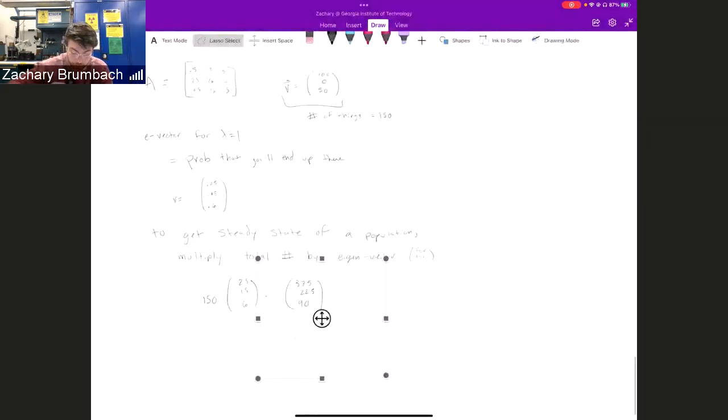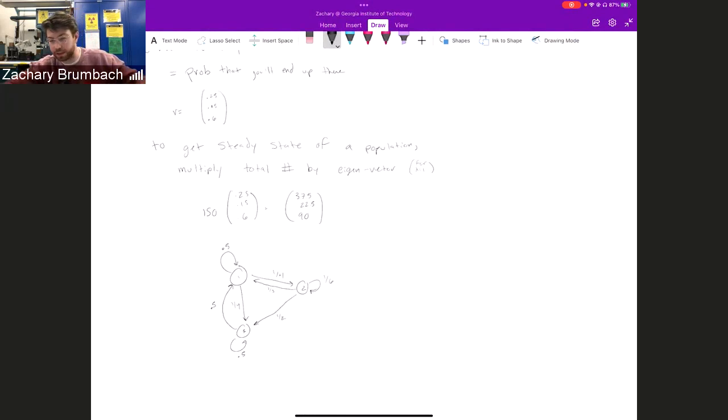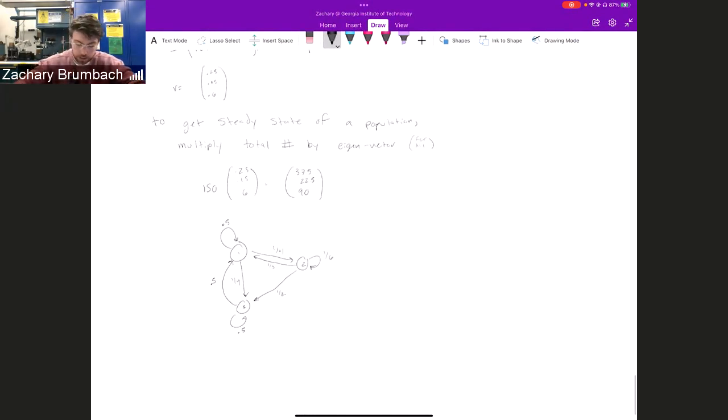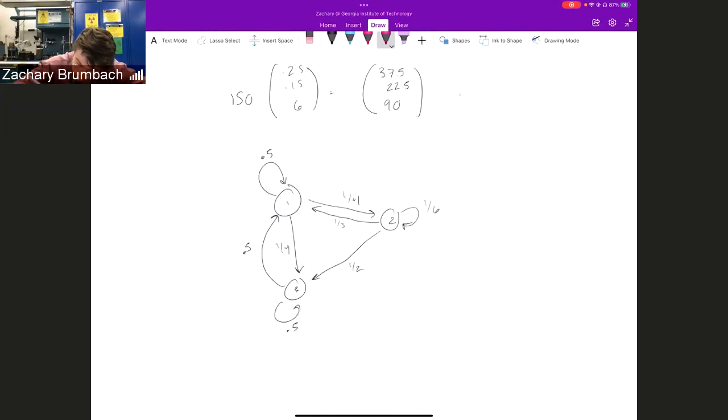This is a general thing, so I don't know if the vector is pretty, and I don't want to spend 15 minutes finding some crazy irrational eigenvector, but you shouldn't expect it to be anything particularly crazy. If I put 37.5 things here, 22.5 things here, and 90 things here, each and every time I iterate or do the things that these branches and distributions say, things will move out just as much as they move in. So this is our steady state.